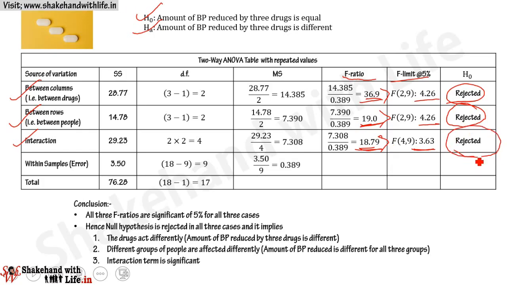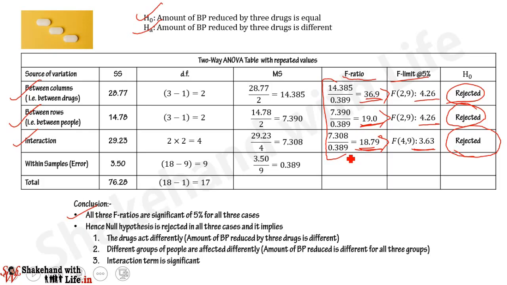Now we can draw the conclusion for all these three factors. First, all three F ratios are significant at 5% for all three cases, because we test the null hypothesis at 5% significance level, and therefore all three F ratios are significant at 5%, right?